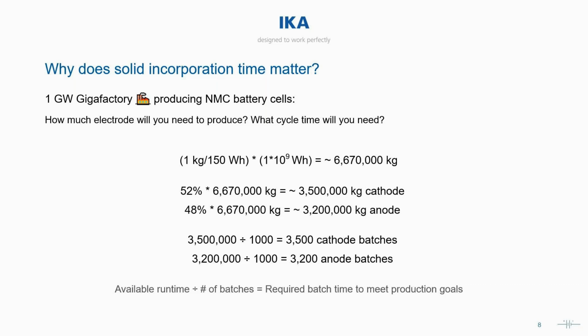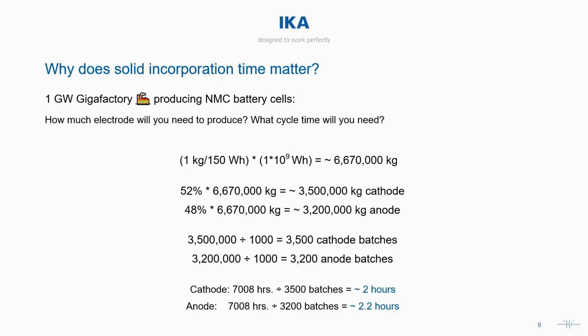So if we are actually mixing for 80% of the year when our equipment is up and running, and we divide that by the number of batches, we can see here that we need a cycle time of our cathode of roughly 2 hours and a cycle time for our anode of roughly 2.2 hours.